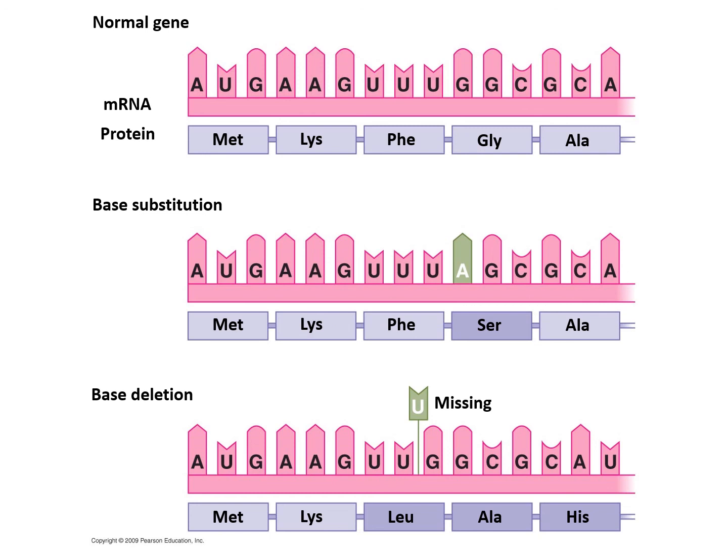So this shows the difference between a base substitution here or a deletion. So as you can see, it's a frame shift. Met, lysine, phenylalanine, serine, alanine. So if you just changed a base here, it only changes one amino acid. If you stick a new one in or pull one out, this here is a deletion.